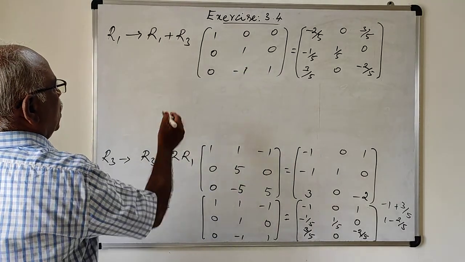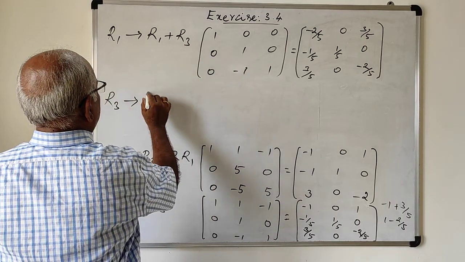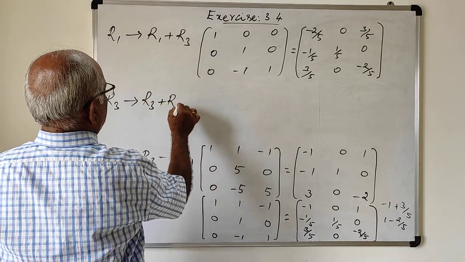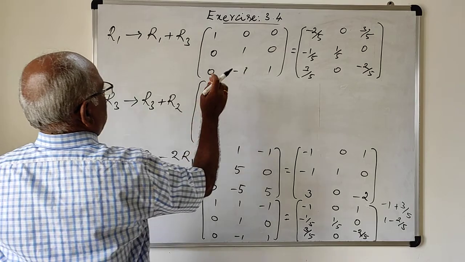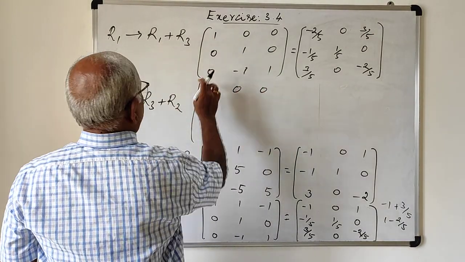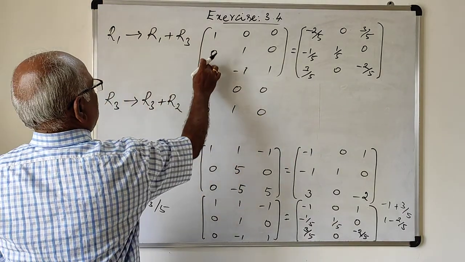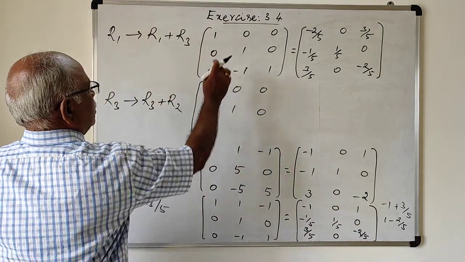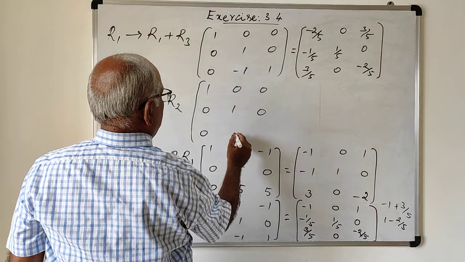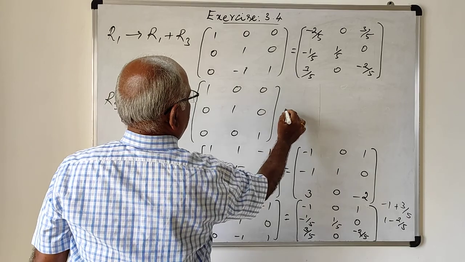For that, R3 is R3 plus R2. 1, 1, 0, 0 as it is. Second row is also 0, 1, 0 as usual. And R3 plus R2: 0 plus 0, 0. Minus 1 plus 1, 0. 0 plus 1, 1. Over.